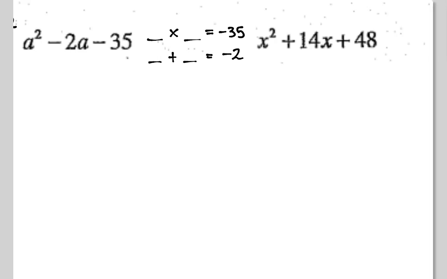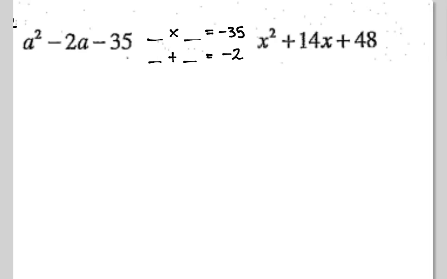Positive times positive is positive. Positive times negative is negative. And negative times negative is positive. This has to be in your mind while you're doing this. Our product is negative. So if our product is negative, they're going to have different signs.